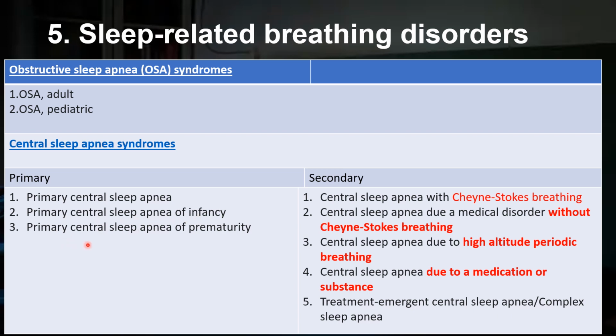The third is central sleep apnea of prematurity. The secondary causes could be central sleep apnea with Cheyne-Stokes breathing, due to a medical disorder without Cheyne-Stokes breathing, due to high altitude periodic breathing, central sleep apnea due to medication or substance, and finally treatment-emergent central sleep apnea, or complex sleep apnea.